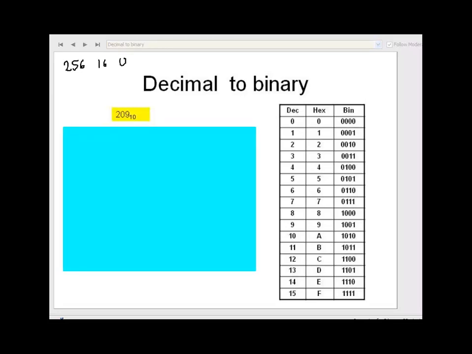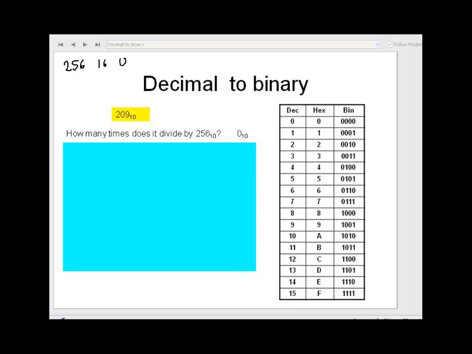So to convert 209 into binary, I first convert it into hexadecimal. So the first question I ask myself is how many times does 256 divide into 209? And I find there are no 256s in 209.